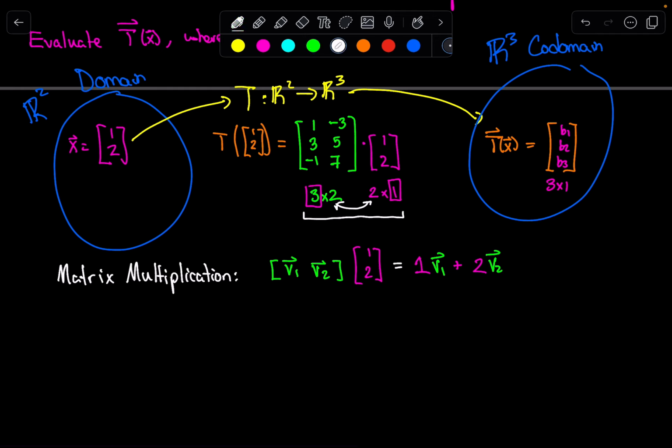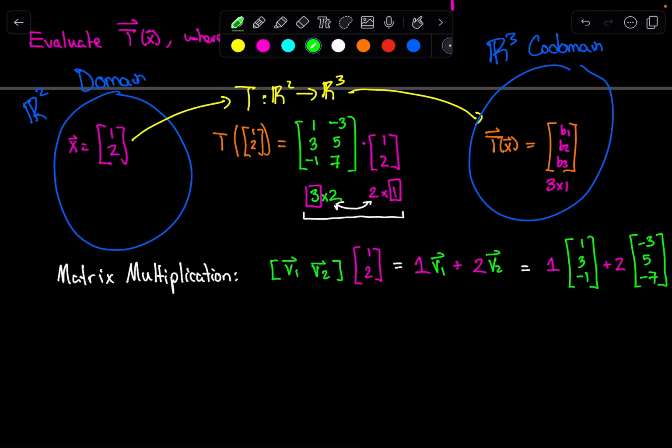And this, if we expand it out a bit, is 1 times the vector 1, 3, negative 1, plus 2 times the vector negative 3, 5, negative 7. Okay, great. This is a very long-winded way of doing this process.